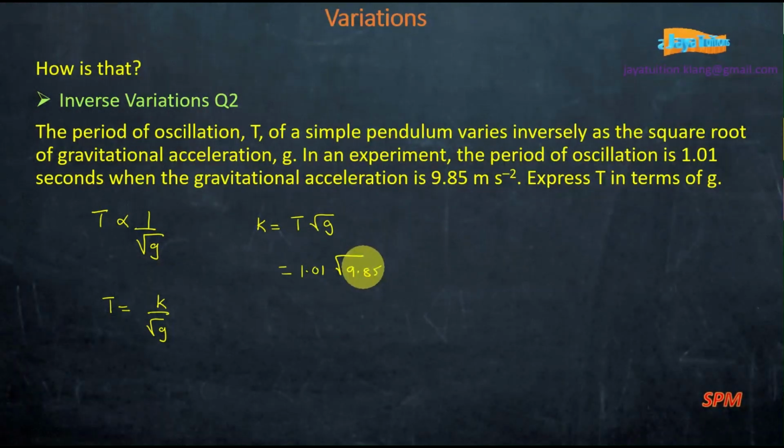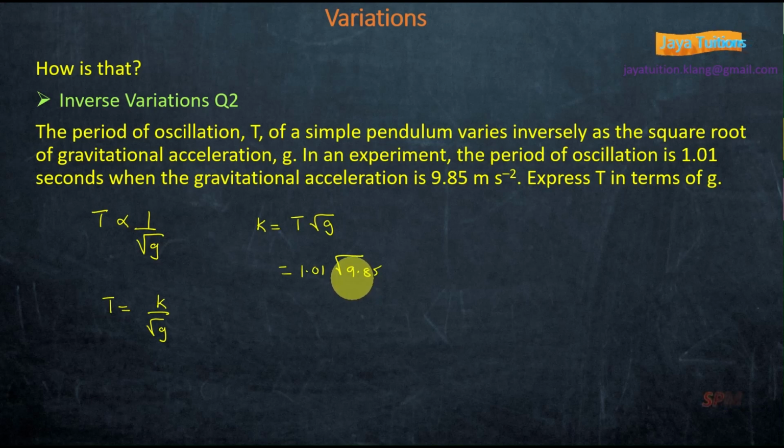Now this particular part cannot be done without a calculator, so you need to use a calculator. Find 1.01 times square root of 9.85. That will give the value of nearly 3.169.